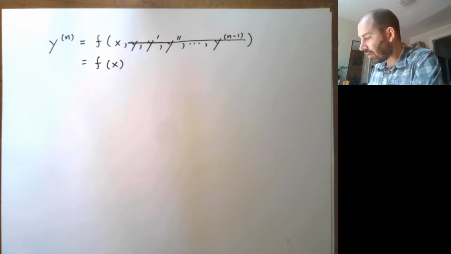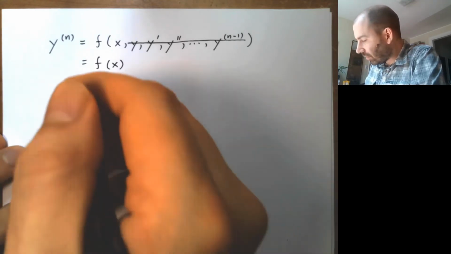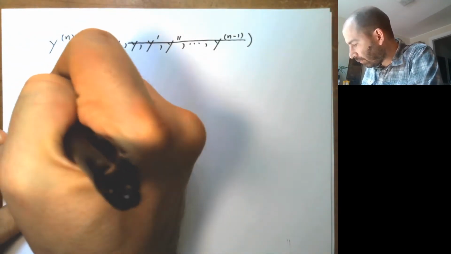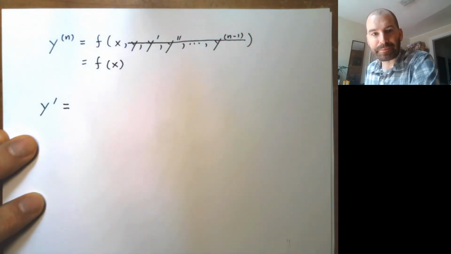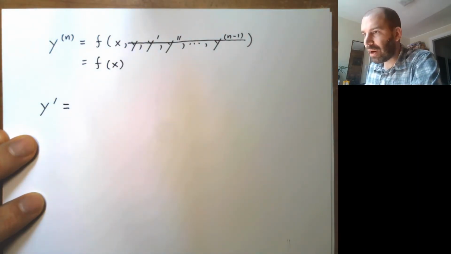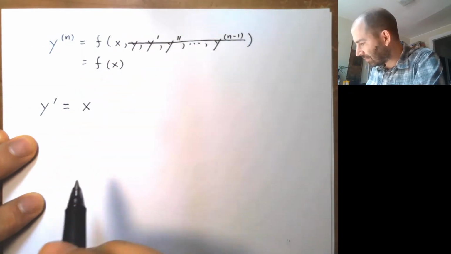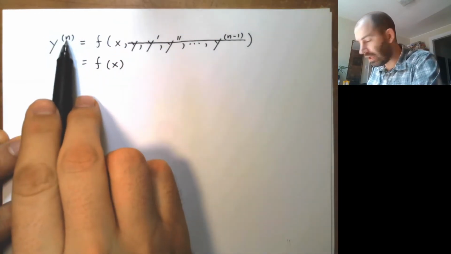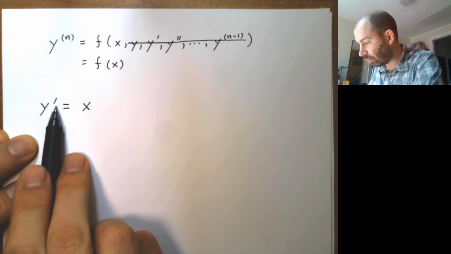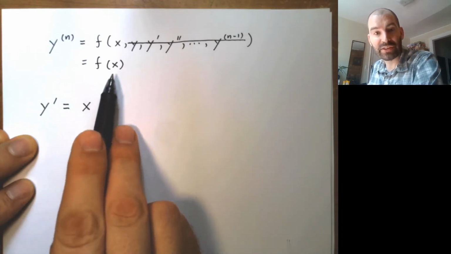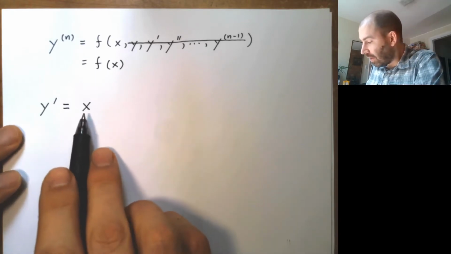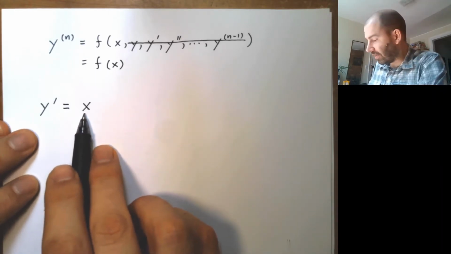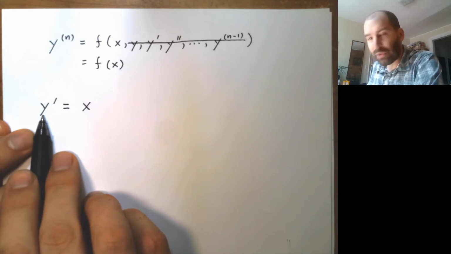Okay? So let's look at a simple differential equation of that form. y prime equals x. So it's a first order differential equation, n is 1, and the function of x is just x itself. Okay? So to find the solution to this, let's just think about what we know from calculus.